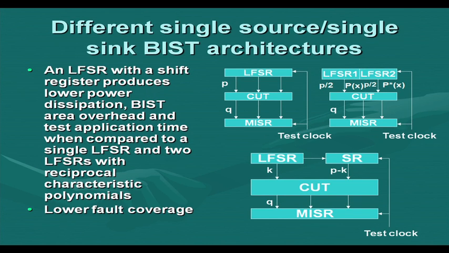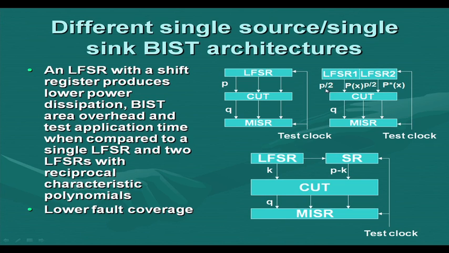Another approach is that different single source, single sink BIST architectures are possible, like an LFSR with a shift register. This is the normal LFSR: we have the LFSR, the circuit, and then the signature analyzer. Instead of a single LFSR, we can have two LFSRs, LFSR 1 and LFSR 2.